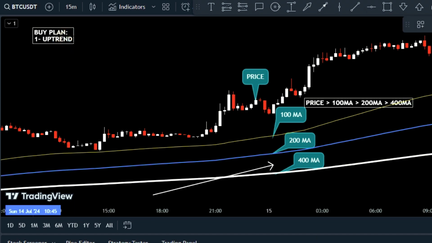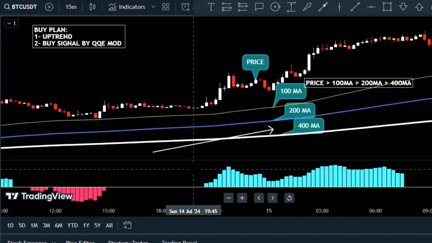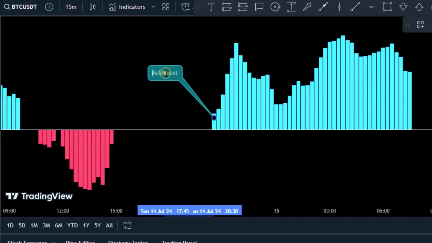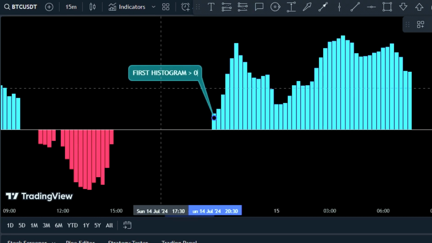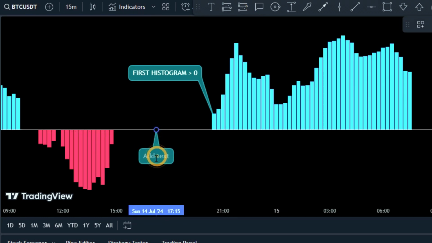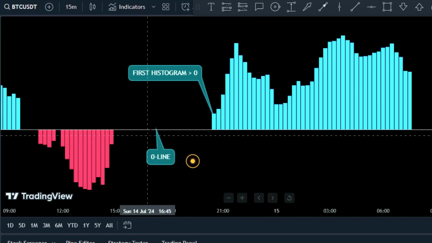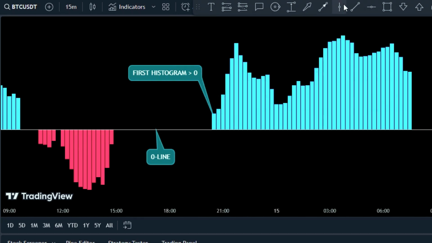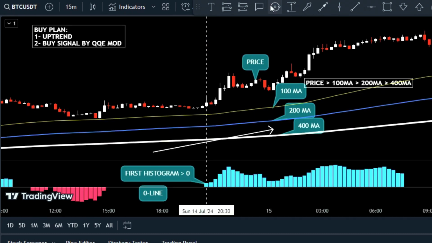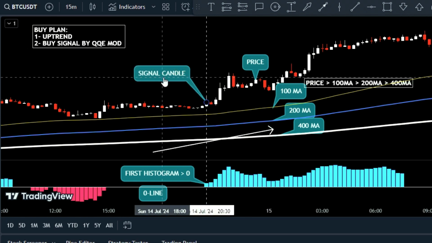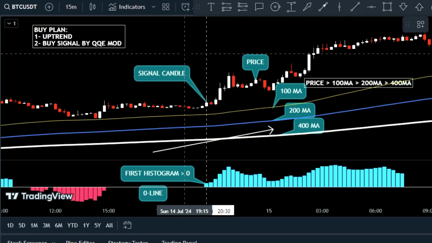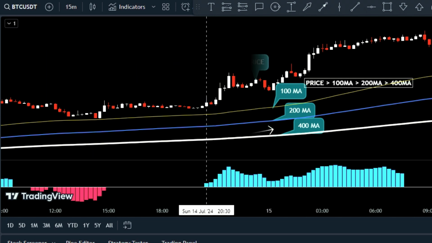And the second condition is that the first histogram bar of the QQE mod indicator should be above the 0 level. This would be our buy signal, and the corresponding candle would be our buy signal candle. So once all these conditions are met, we can proceed with a long trade.